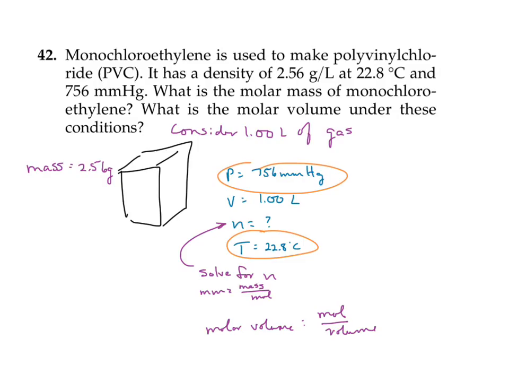And then to get the molar mass, we take that mass divided by those moles, grams per mole. And then one of the things they want to know, in addition to the molar mass, is the molar volume? And that is just simply volume per mole.